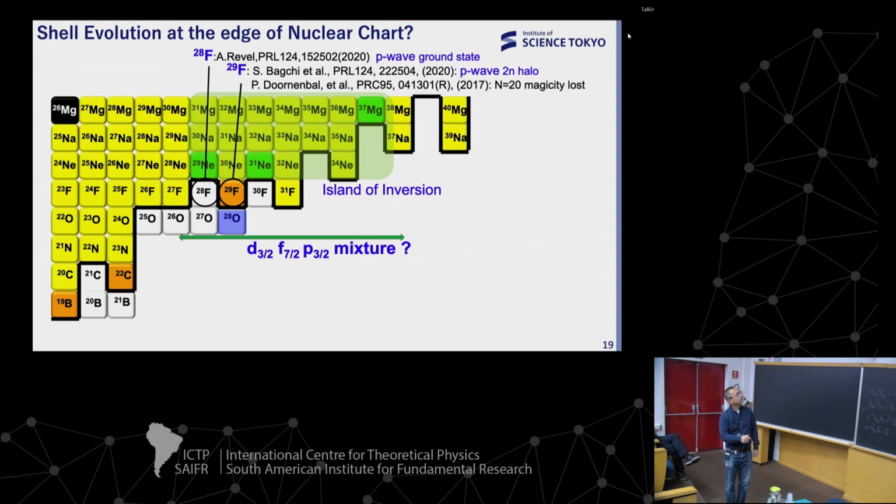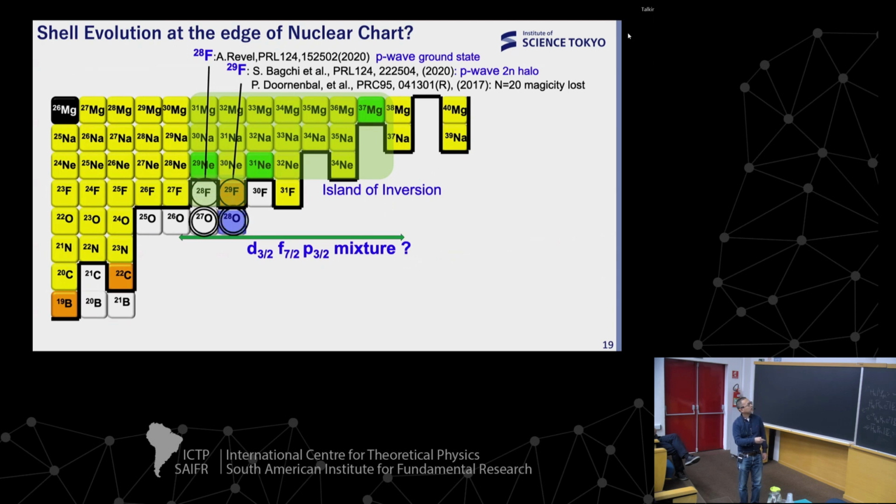And a p-wave two-neutron halo was observed. And also the excited configuration: they found the excitation energy of the first excited state is consistent with N=20 magic number loss. So this is found. So island inversion is now here.